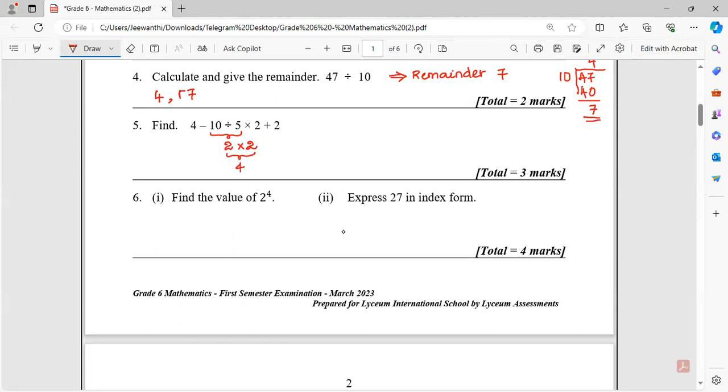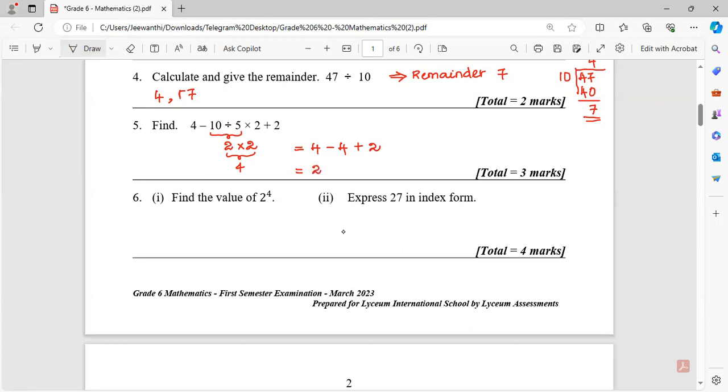So you can use the same way in the exam also, use the curly brackets and simplify step by step. So then what I do, I rewrite the question: 4 subtract 4 plus 2. 4 subtract 4, 0. 0 plus 2, it is 2.